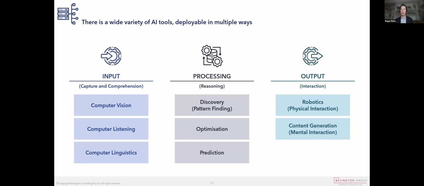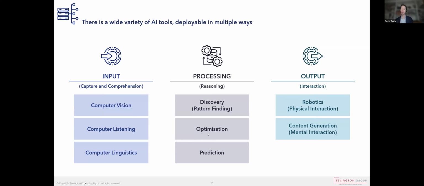So that's input. Then there's processing, finding a pattern. So seeing something in the data that a human might not see. So that can be used for prediction, actually, because you find a pattern. If we look at the bottom, it can be used for prediction, but it can also be used for finding different markets or sub-markets, or different sets of customer needs, for example, or different types of behavior that are exhibited by customers or other agents acting in a market.